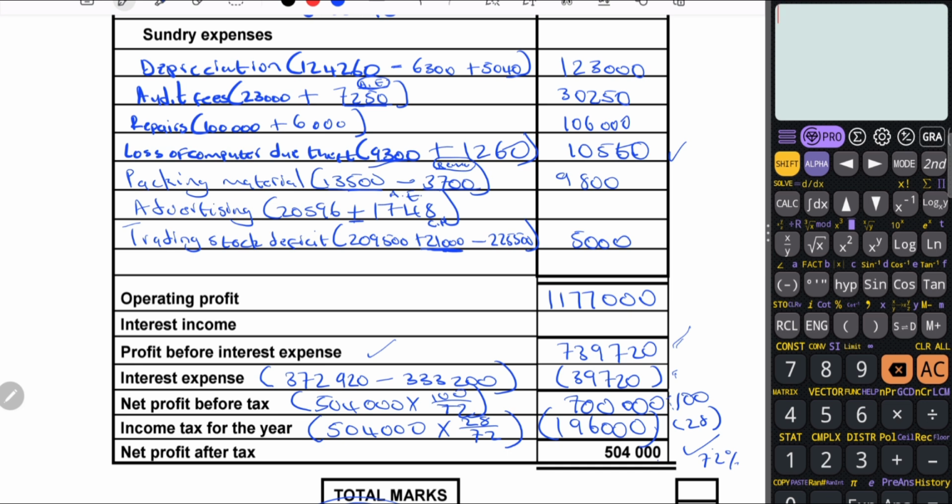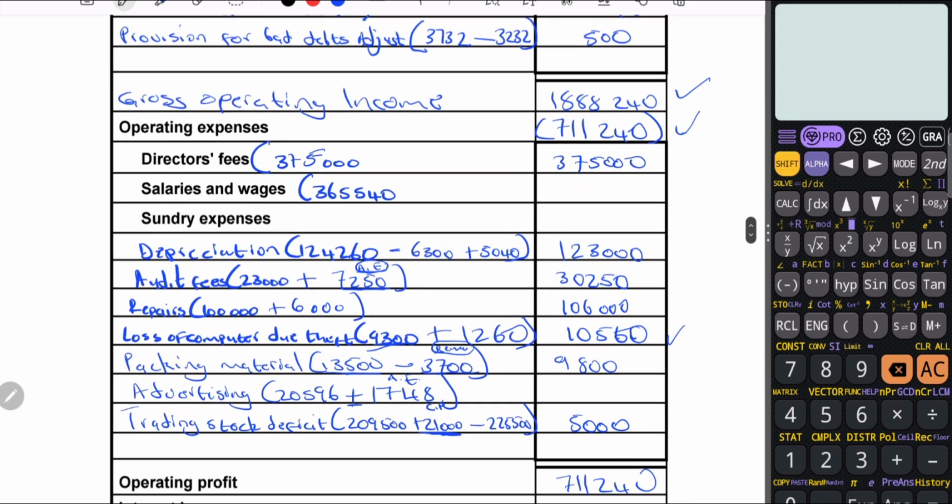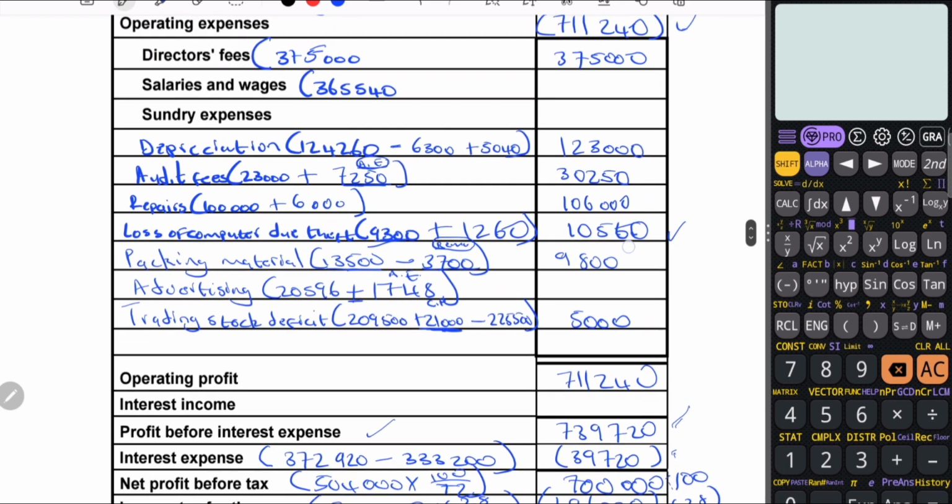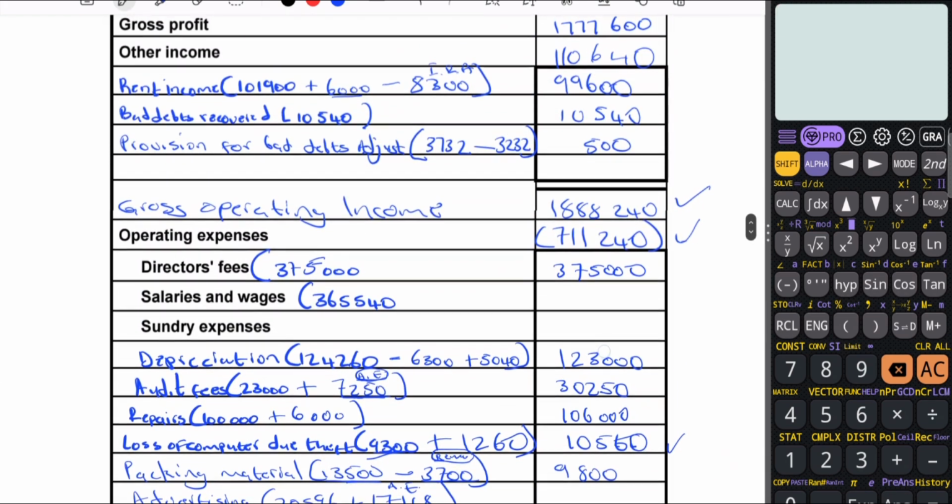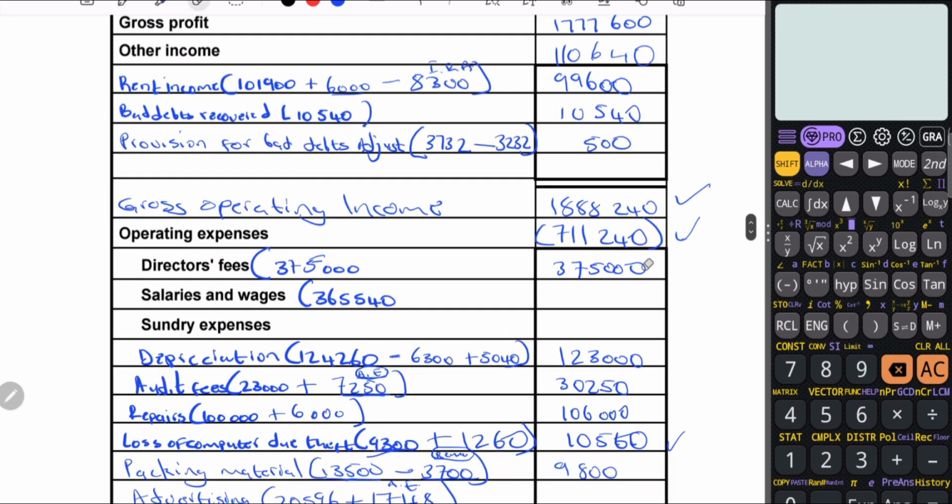Our interest income, I think I also made a mistake here. My operating profit is not this amount. I think I got how much? I got 711,240. Let me go and prove it now. Oh, I made a mistake. I'm sorry, guys.